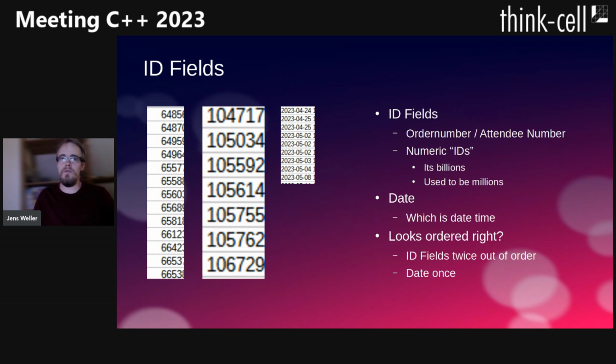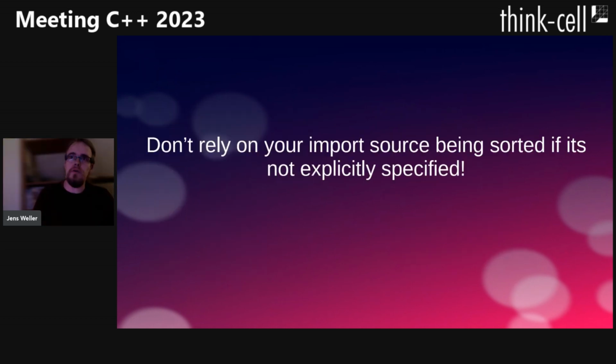And maybe you don't even notice, because an attendee isn't imported into my program: I have 102 attendees imported and not 103. Would I notice that? Maybe not the first time. So if you don't have guarantees on ordering, don't rely on it.